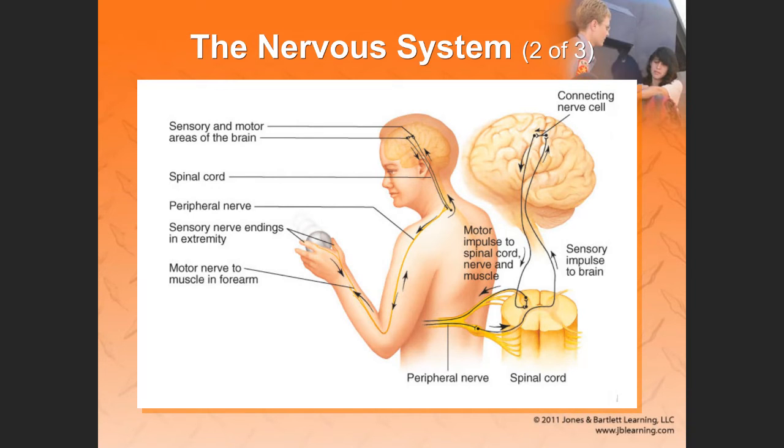And then it goes straight to the motor nerves, back to my fingers, and I release the object. So it doesn't go up to the brain, it bypasses the brain. So that's what a spinal reflex is, or a reflex arc.